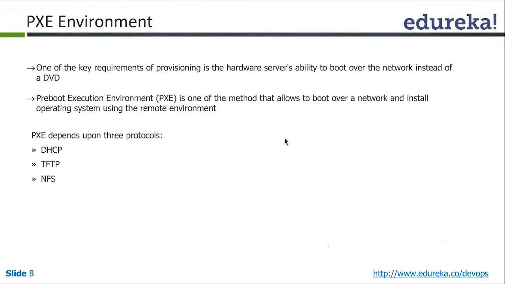Once it boots that small environment, it is now in a position to locate the next step, that is the actual operating system itself. So it in turn pulls down the actual kernel from another server.